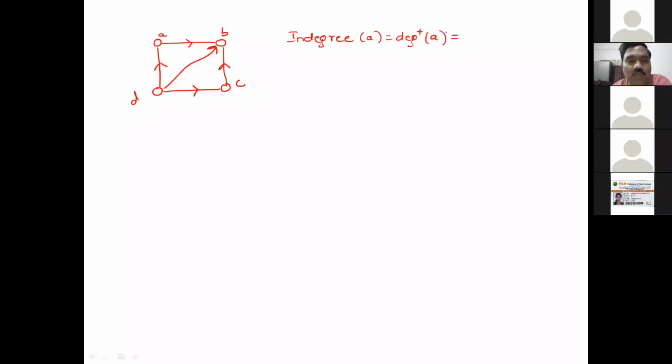Can anyone tell me how many edges are going towards A? One edge. What is that edge? Can anybody name? The edge running from D to A. So therefore, in degree of A is 1. Similarly, what is the in degree of B?